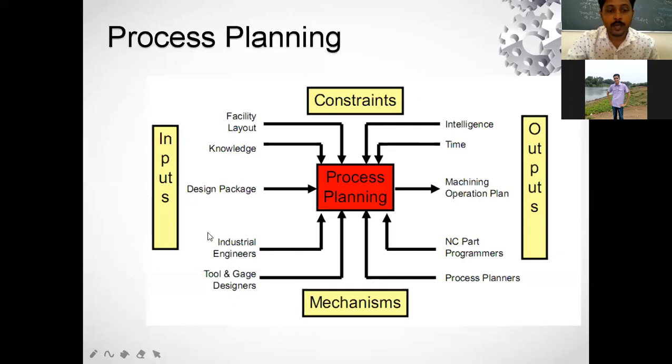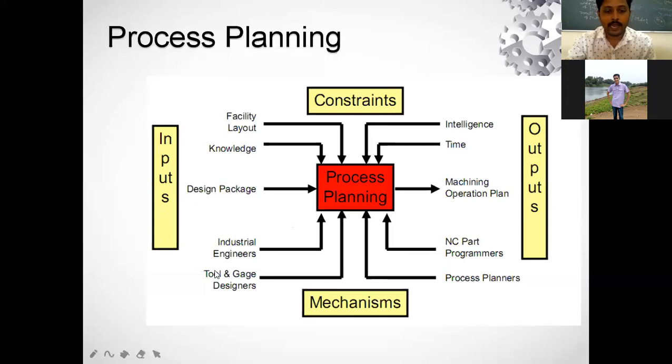Then you have to use knowledge of industrial engineering, or you can just put an industrial engineer in the process. So what is the industrial engineer going to do on the process plan? He is going to give you inputs about how the particular product is going to be transferred from one station to another station, that is workstation.